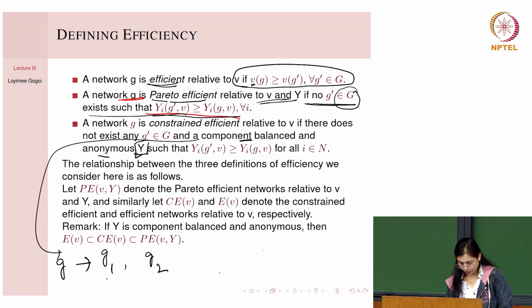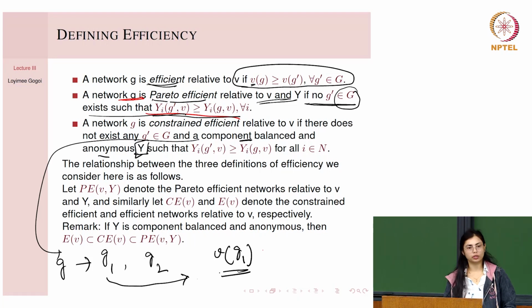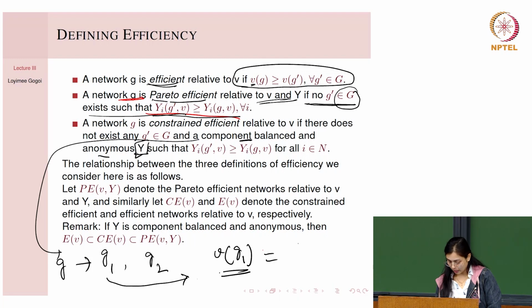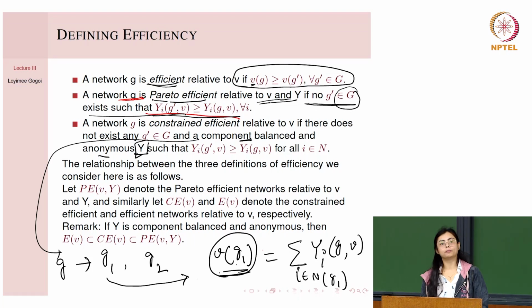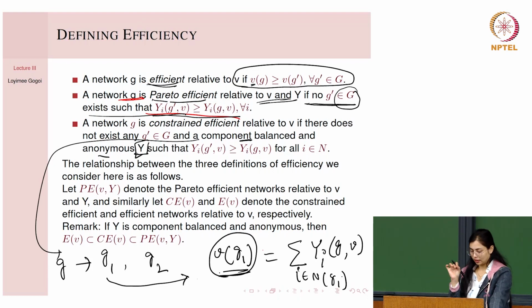Component balance means the total worth generated by the component G1 should be equal to the allocation to the players in that component.